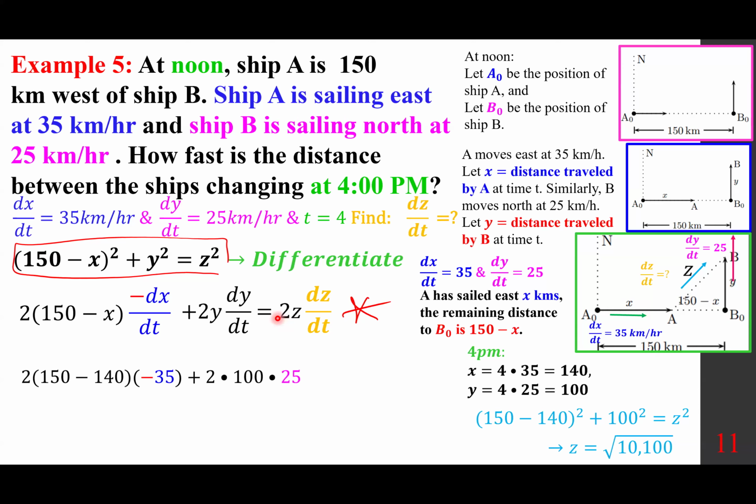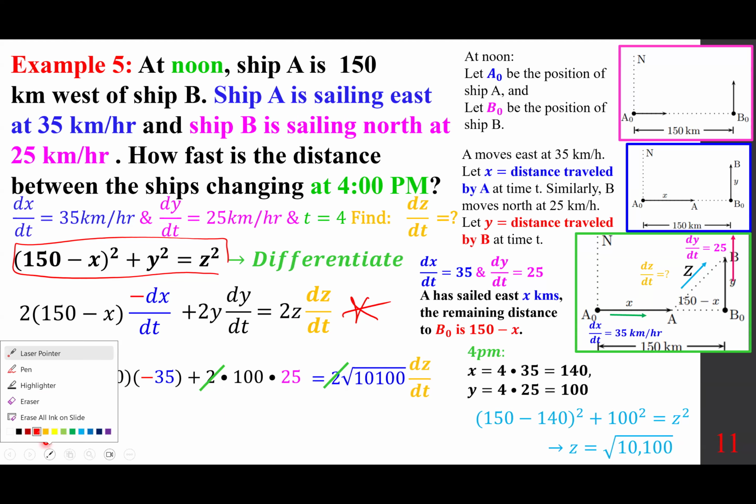On the right side, now we have 2 times z, which is the square root of 10,100, times dz/dt that we are looking for. Notice, first and foremost, this is 2 times some number, this is 2 times some number, this is 2 times some number. So first of all, drop the 2's from both sides. In essence, you're dividing both sides by 2.